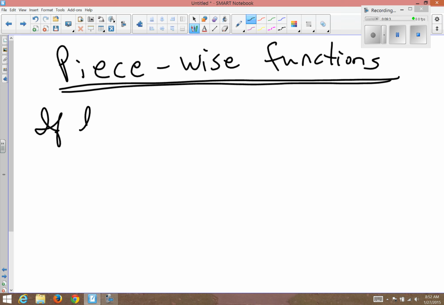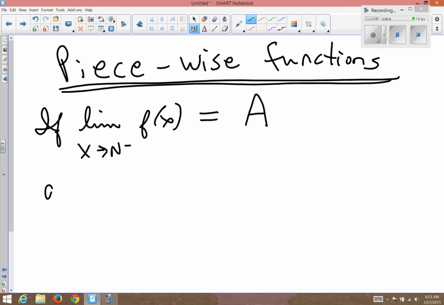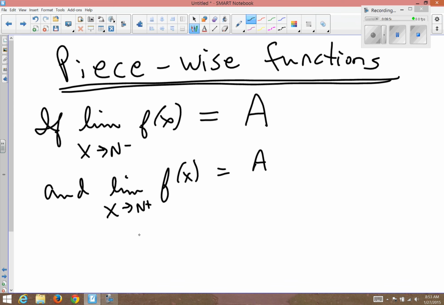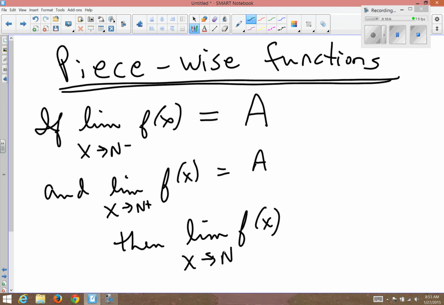If the limit of some function as x approaches some number from the left is equal to a, meaning whatever, and the limit of the function as x approaches the same number from the right is also a, if these are the same, then we say the limit of f of x as x approaches n, here I'm not indicating from left or right, is whatever number we got there. Those have to be the same number.